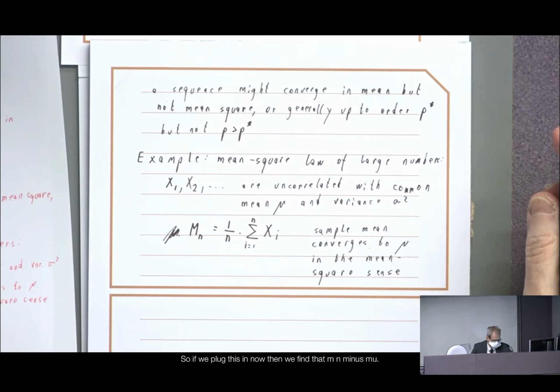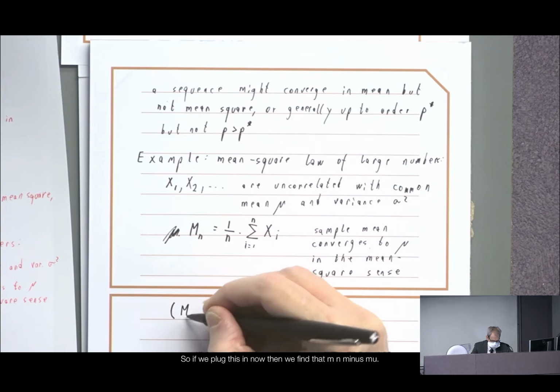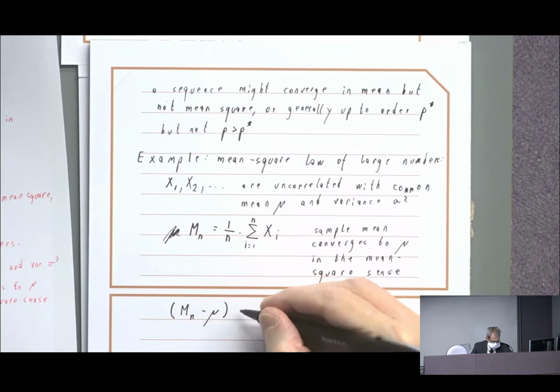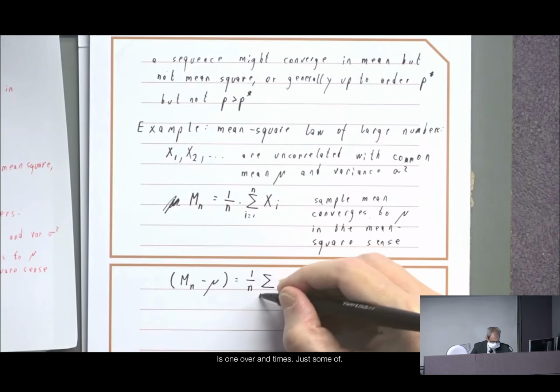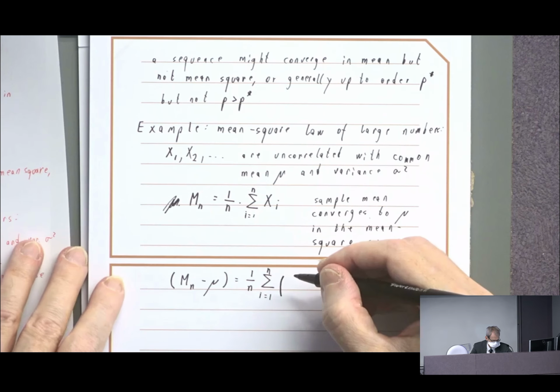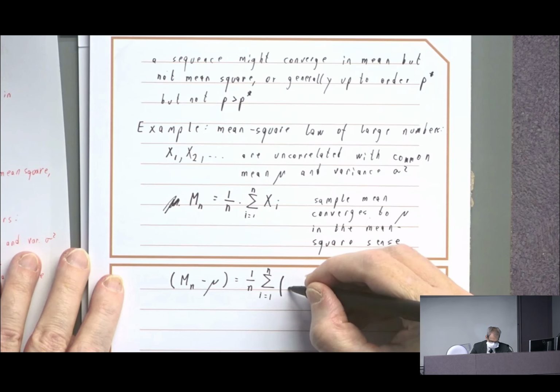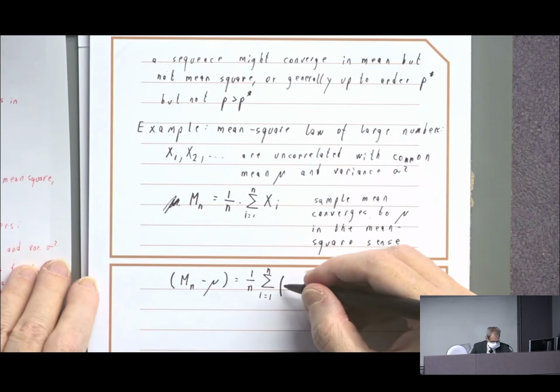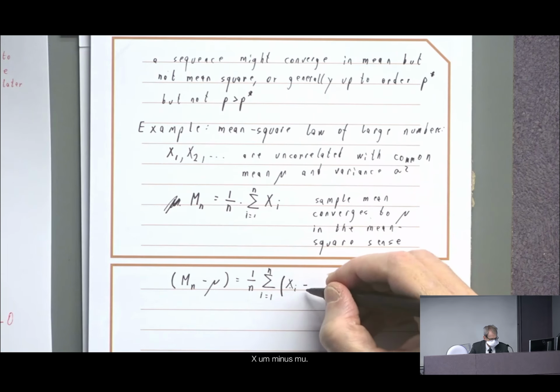So if we plug this in now, then we find that mn minus mu is 1 over n times the sum of xi minus mu.